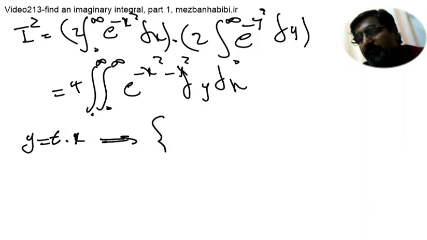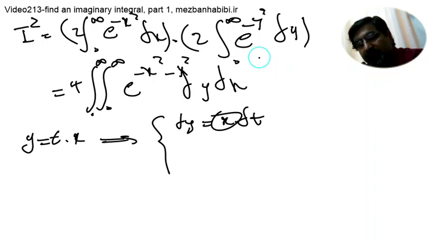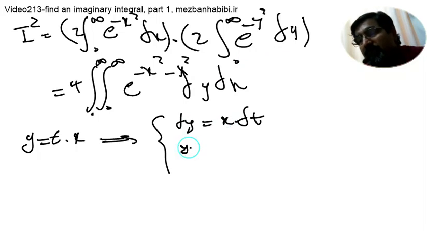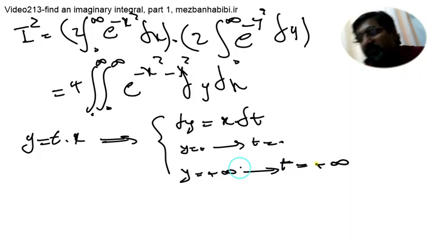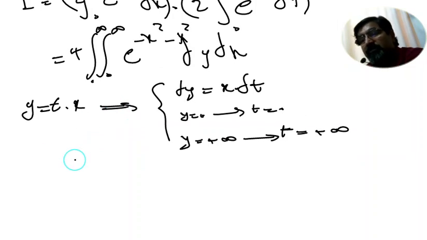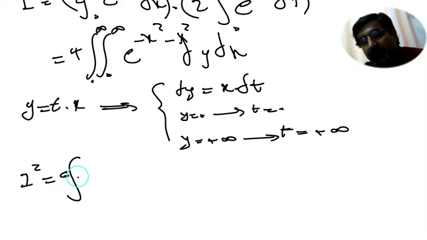So we have dy is x dt, because x is constant in this derivative. If y equals 0, then t is 0. If y equals positive infinity, then t is also positive infinity.